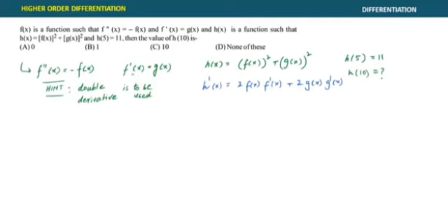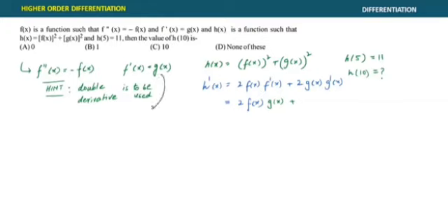What is f dash x? f dash x is g(x), so I can say this is 2f(x), and I replace the value here, g(x), right? Plus 2g(x) g dash x. So now we need g dash x here.